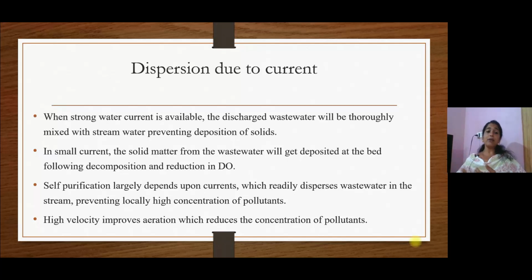And then the high velocity improves aeration, which reduces the concentration of pollutants. That is, due to the high velocity, the mixing of air with the water will enhance the dissolved oxygen content. Entering of oxygen into the water body will be increased, and the DO content will be increased. This will enhance the process of decomposition or wastewater dilution.